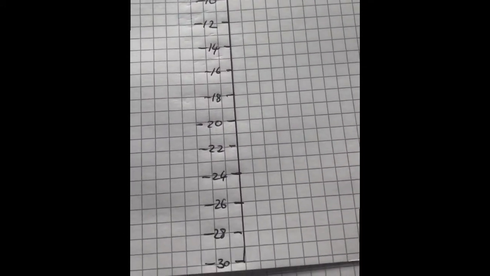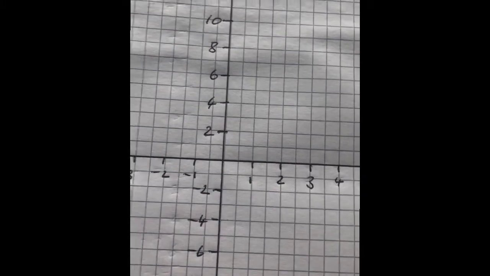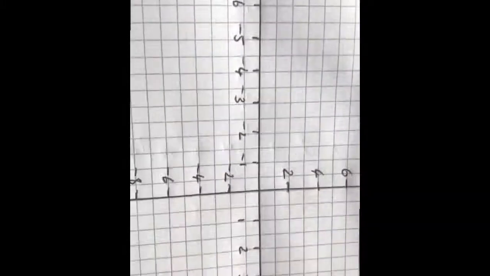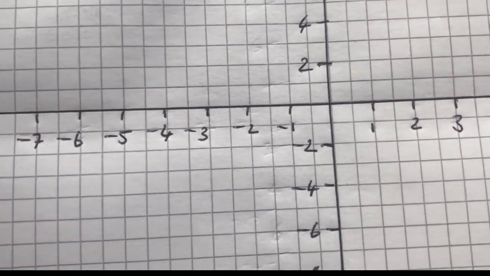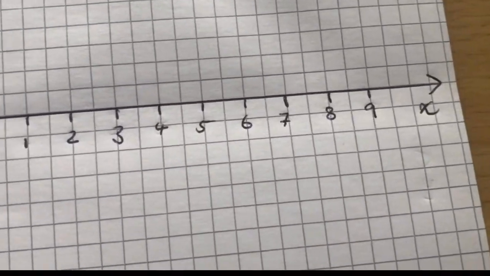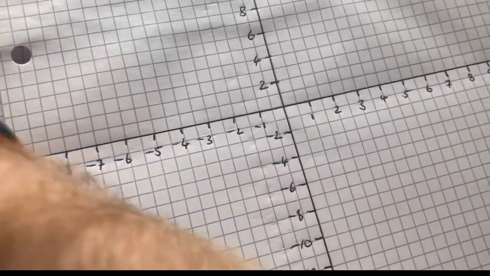But that's because I need to get down to minus 30 on the y's for this example. And the x's, I'm just taking the same scale as I did before, which is 1 centimeter equals 1 unit on the x's. So it's basically plot the points.